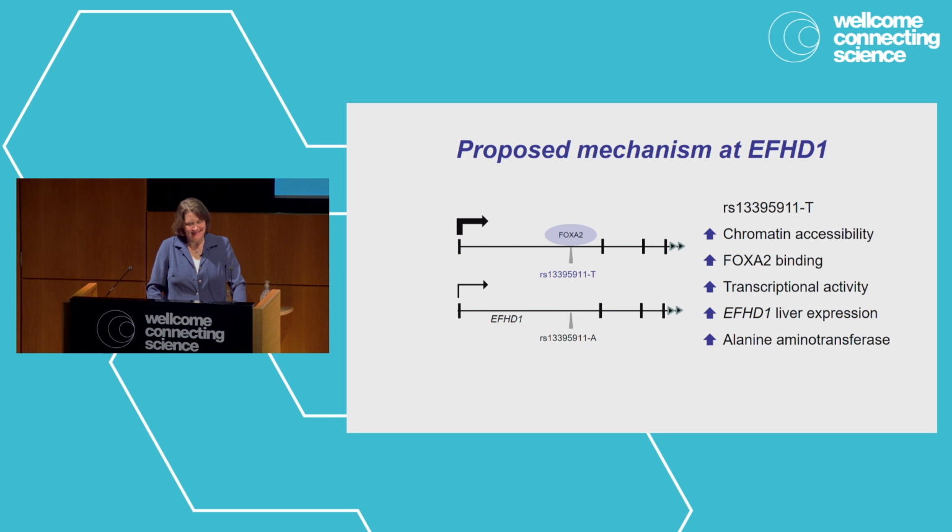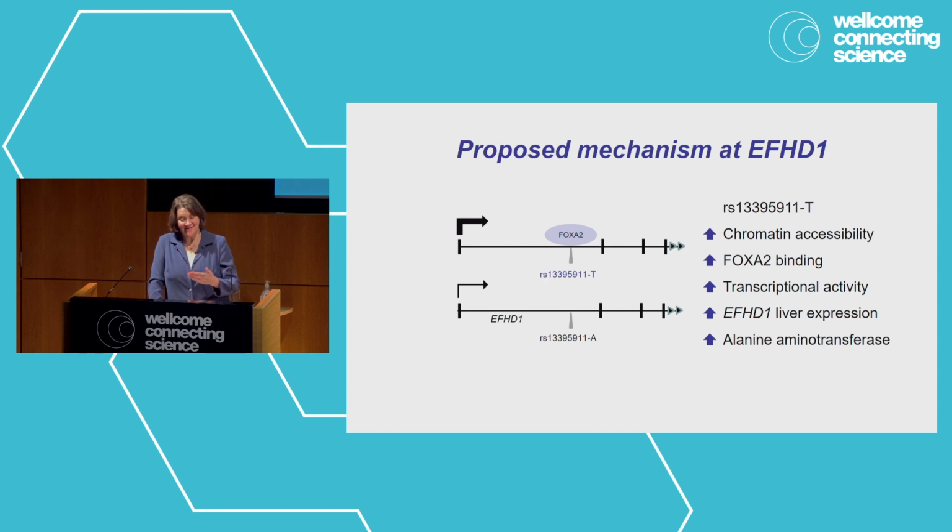That's the caQTL data. It corresponds to increased FOXA2 binding. That was predicted from the motif and then validated with the EMSA result. It corresponds to increased transcriptional activity. That was hypothesized first from the eQTL data and then validated with the luciferase reporter assay.